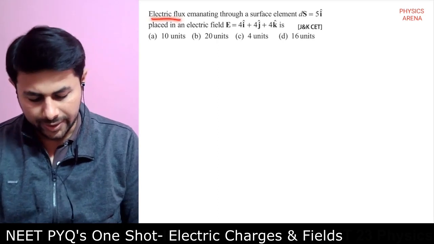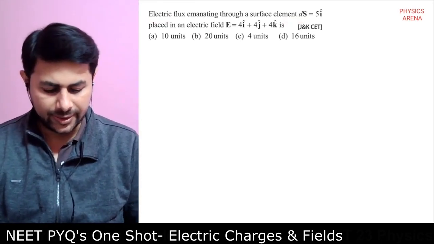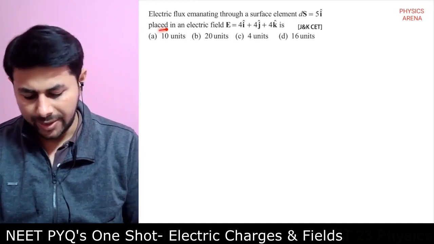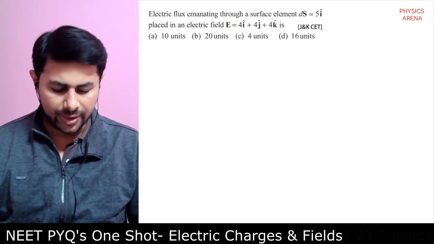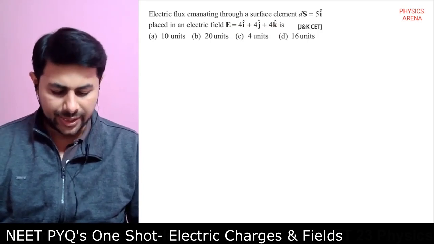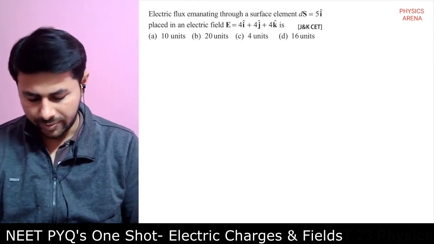Electric flux emanating through a surface element ds equals 5 I cap placed in an electric field E equals 4 I cap plus 4 J cap plus 4 K cap is... So it is very simple.